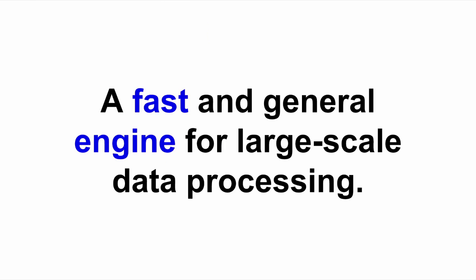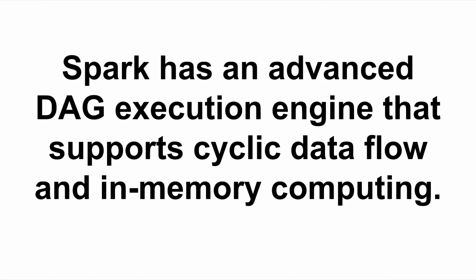So the next definition of it is a fast and general engine for large-scale data processing. So it's set up to try to handle processing both in a batch-oriented and streaming fashion. And it's still very vague. What is this thing? The other definition it provides is that it's basically a DAG execution engine that supports cyclical data flows in memory.